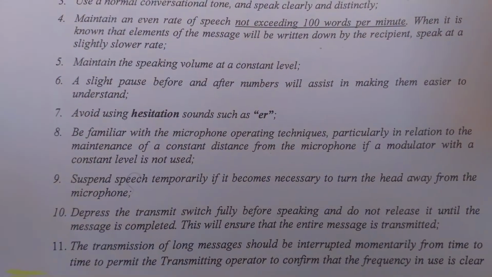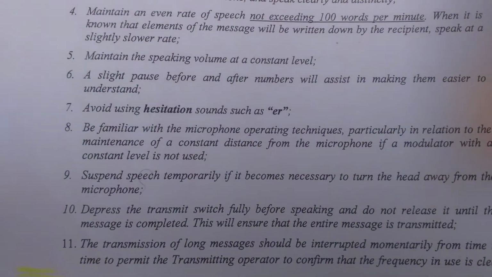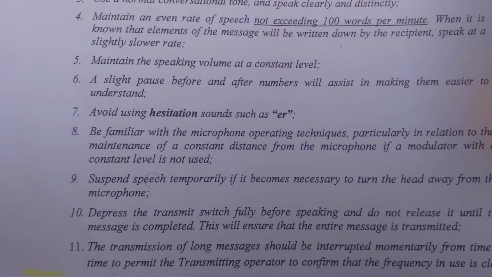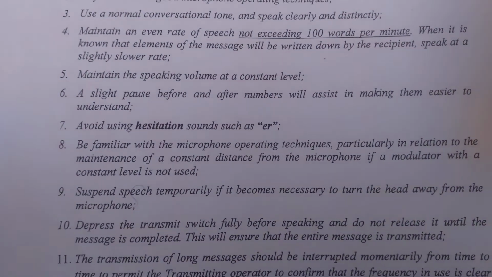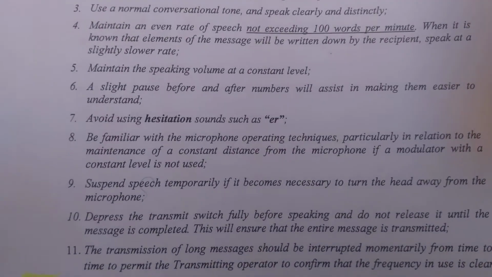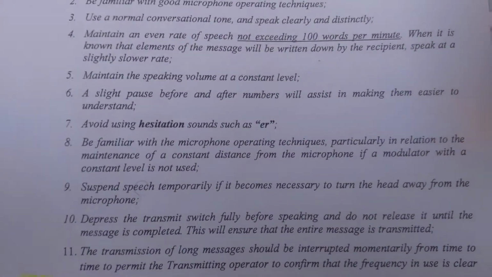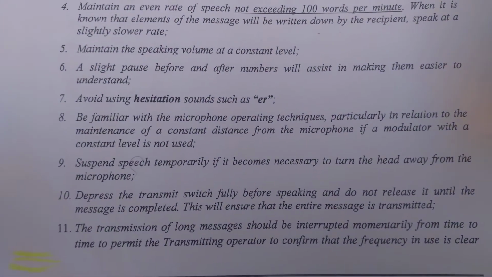So you just suspend your speech when you're speaking to the airplane and you look at your airplane, and then you come back in the same direction in front of the radio to speak clearly. If not, it will create a variation of level and it will be weird to hear.